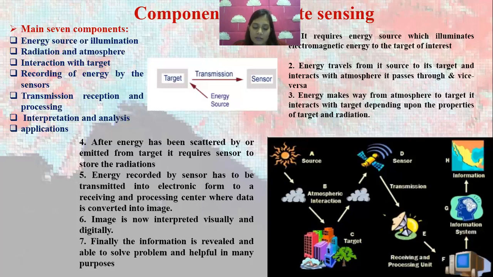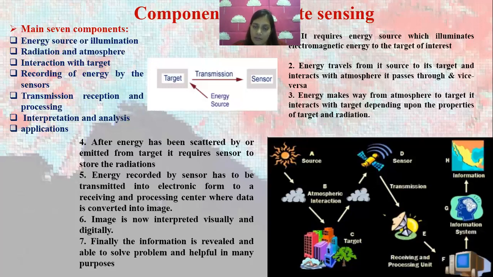So finally we will store that, we will keep it in the center, and we will do what? Process it. After processing, the data is converted into an image, a digital form image, right? So the image is now interpreted visually and digitally. Two ways we can interpret the image.